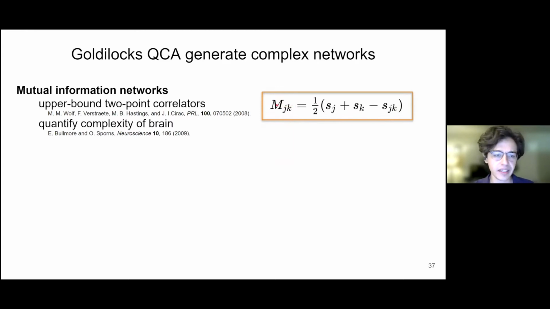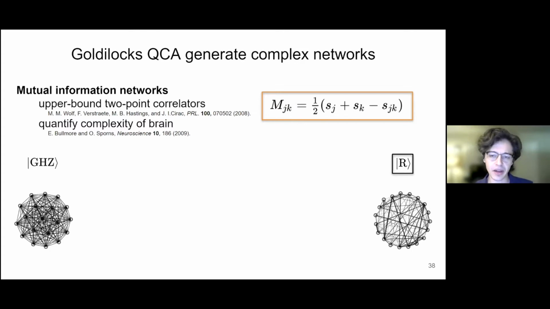This quantity upper bounds two same-time correlators in this quantum system, and the classical version of this metric has been used to quantify the complexity of signals in the brain. And so we're going to use it to look at our QCA.